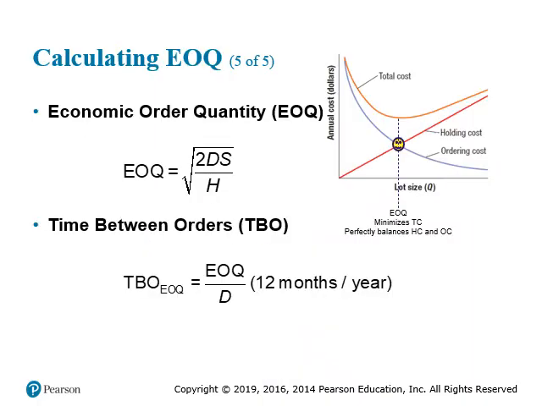So the EOQ, the optimal order quantity, is just the square root of 2 times the annual demand times the setup cost divided by the holding cost. You see the formula there. You'll notice from the total cost picture that this EOQ is that point where holding costs and ordering costs are perfectly balanced.